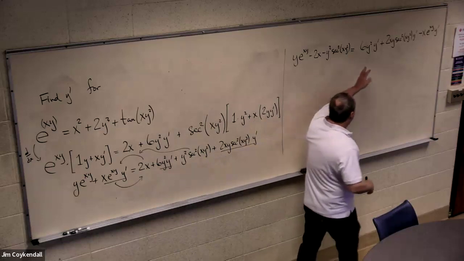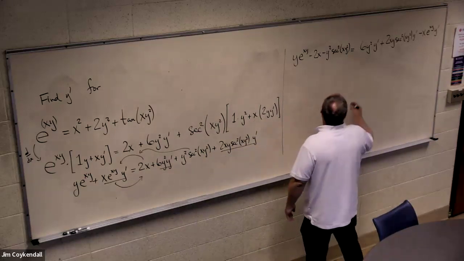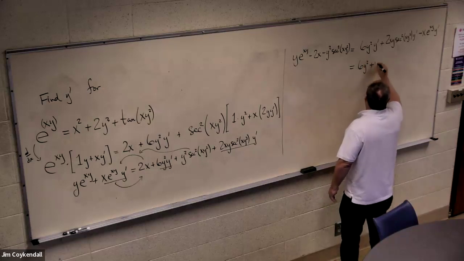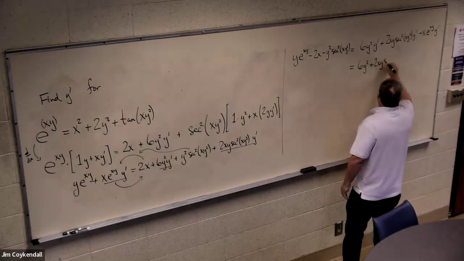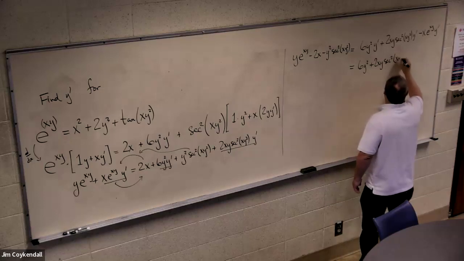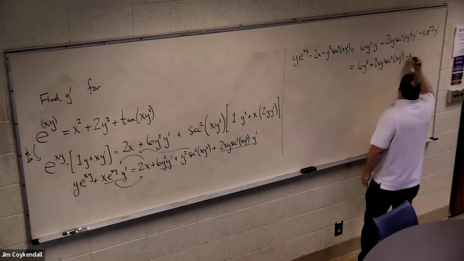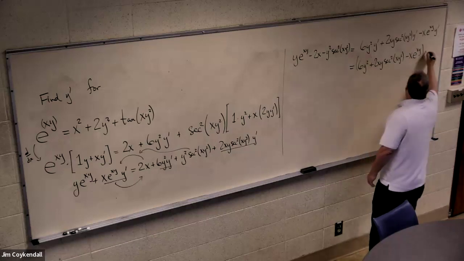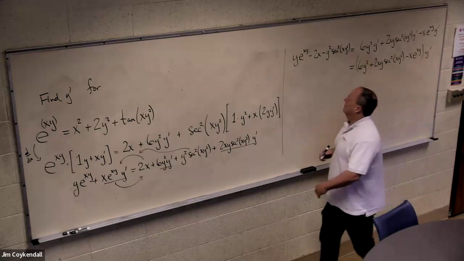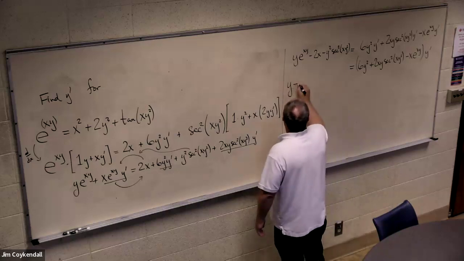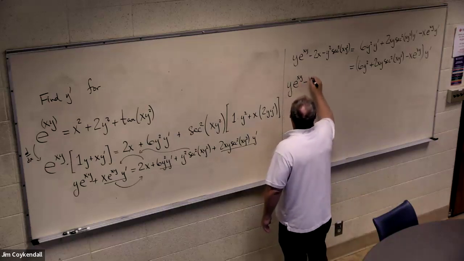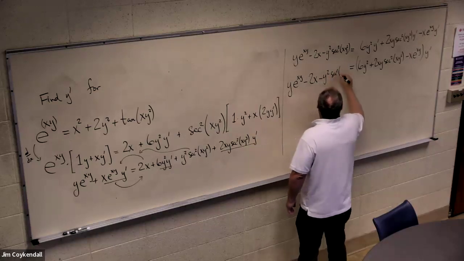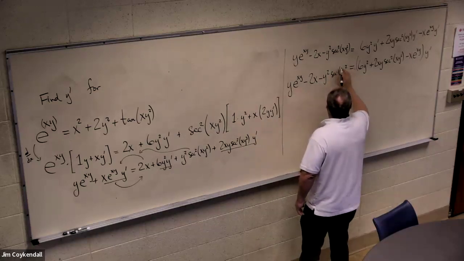All I gotta do is pull y prime out of this other side and divide. 6y squared plus 2xy secant squared xy squared minus x e^(xy), all times y prime, equals y e^(xy) minus 2x minus y squared secant squared x squared.